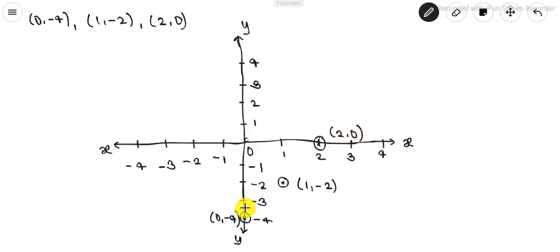Now we have to draw the line passing through these coordinates. If the line passing through these coordinates appears as a straight line, then and only then this is a linear equation in two variables. We draw this by hand, you draw by using the scale, so you will easily get the straight line.